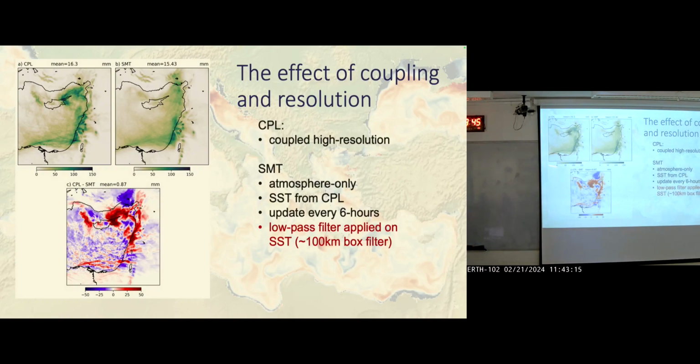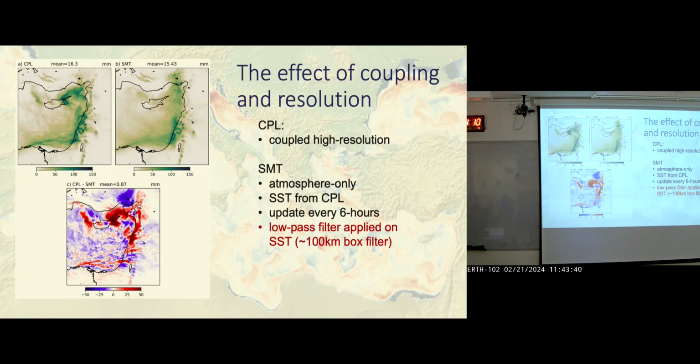So here is the total precipitation from the last 2 days of this simulation. That's the coupled, this is the SMT, and this is the difference between these two. The first thing we see is that in some locations the differences are really large, 50 millimeters just in 2 days. So there was some kind of a shift for everything.